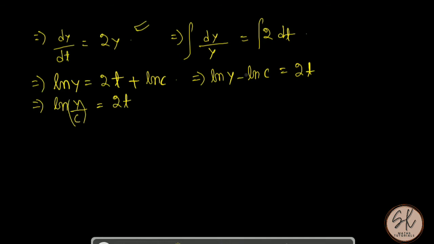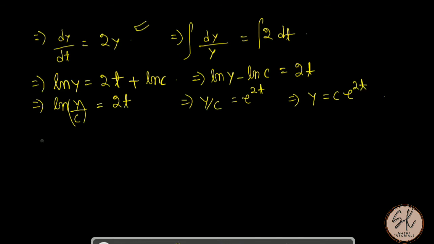Now let us take the anti-log on both sides. So this will give us y/c = e^(2t). This implies y = c e^(2t).